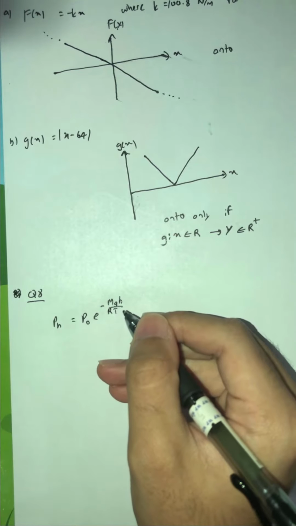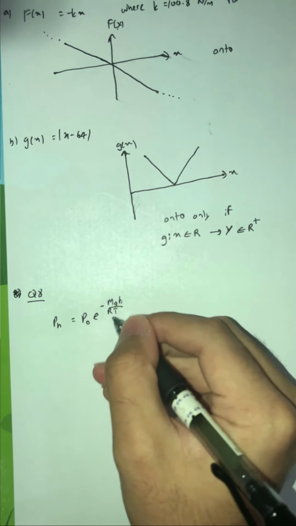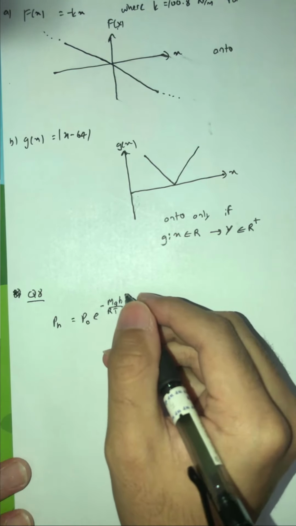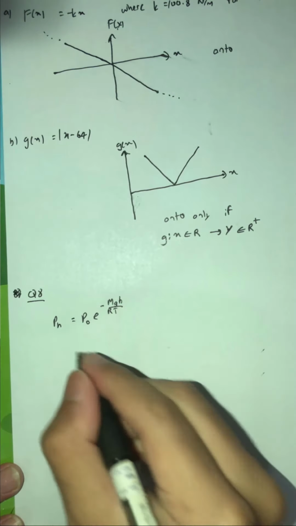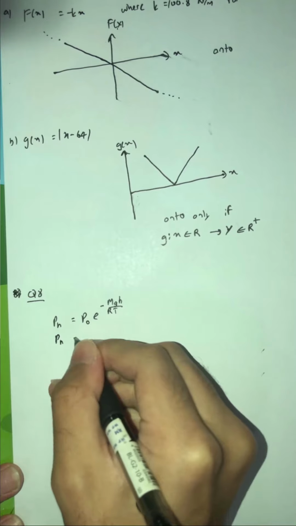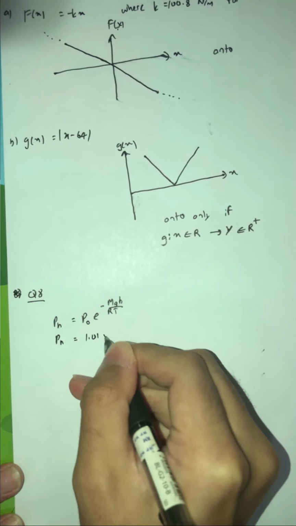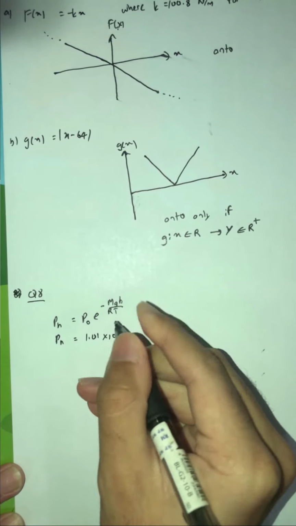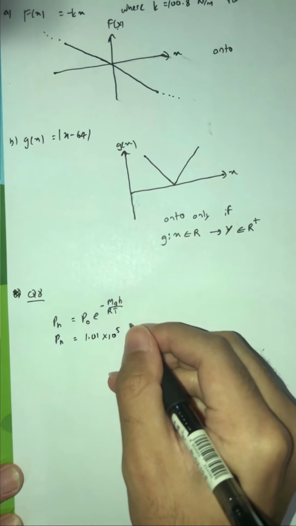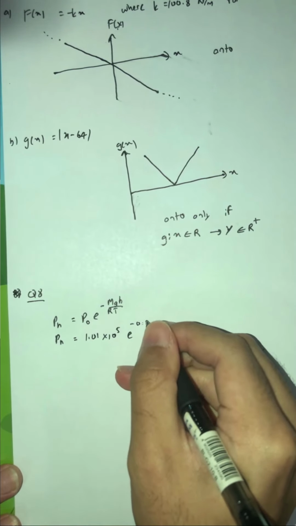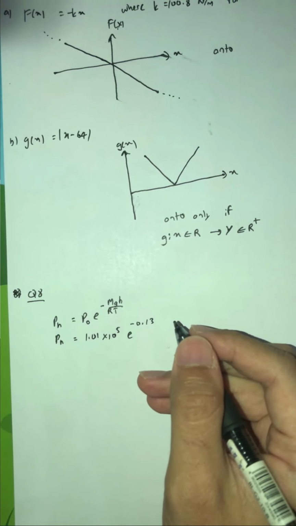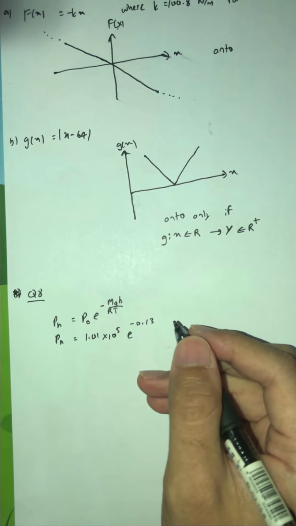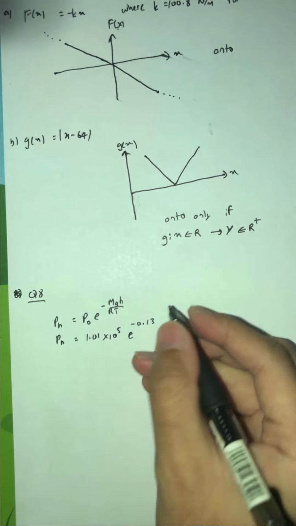So you are given this equation and all the values, and you just need to plug in. First you plug in all the values, you'll get p(h) equal to 1.01 times 10 to the power of 5, e to the power of negative 0.13, about 0.1312.